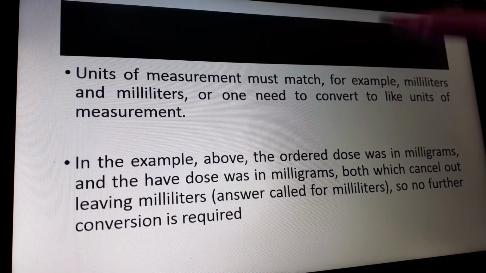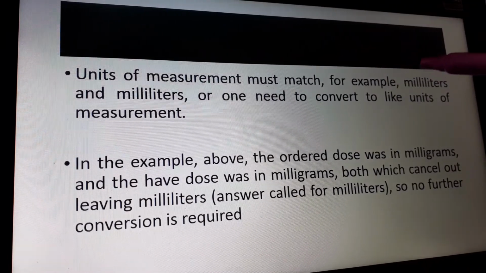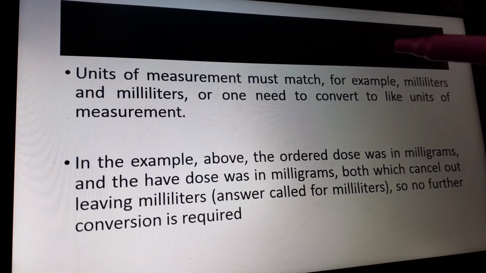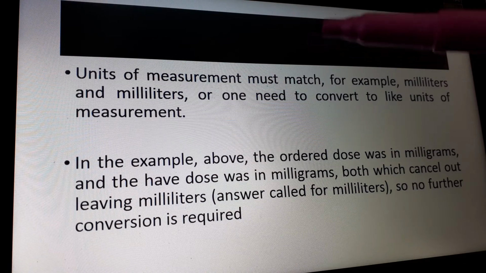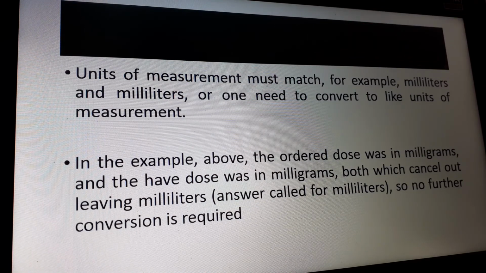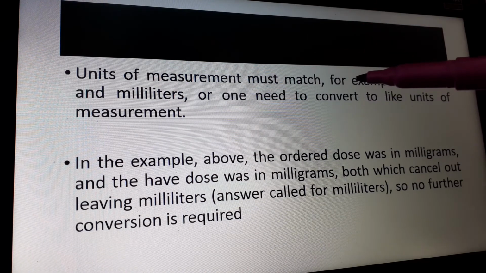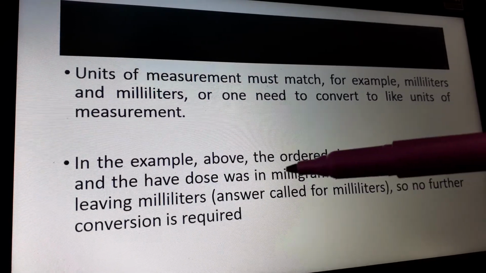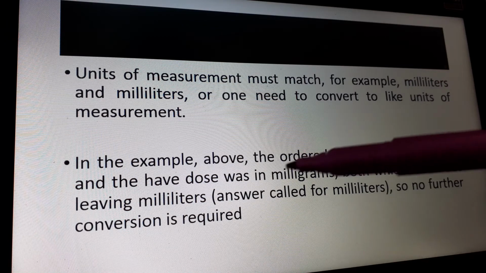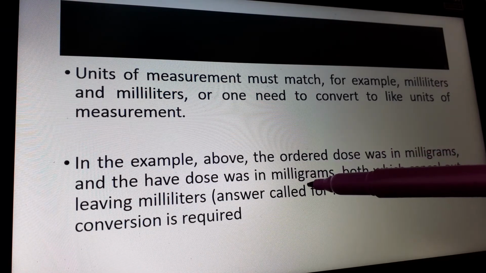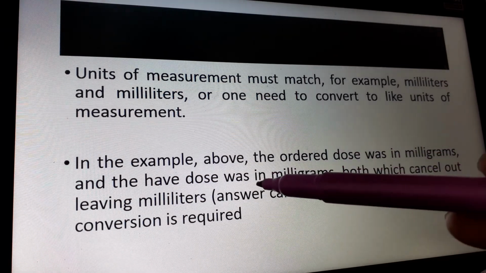So it's very important to know when you're calculating the dose, the unit of measurements must match, should be the same. Example, milliliters and milliliters. If they are not in the same unit, you have to convert. So in the example we have checked before, the ordered dose was in milligram, and the dose on hand was in milligram.